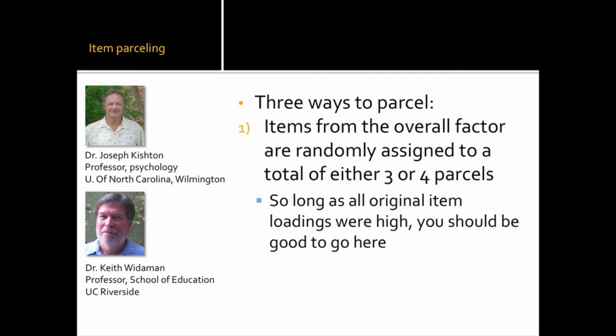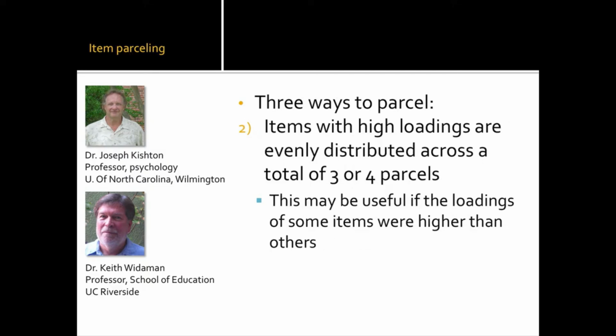The second method is just to make sure that each particular parcel or composite is well defined enough such that at least one of the highest loadings is included in each of those parcels. Meaning, okay, you take 7 randomly selected items out of the 22, but let's say those 7 that you randomly selected were all some of the lowest loadings.